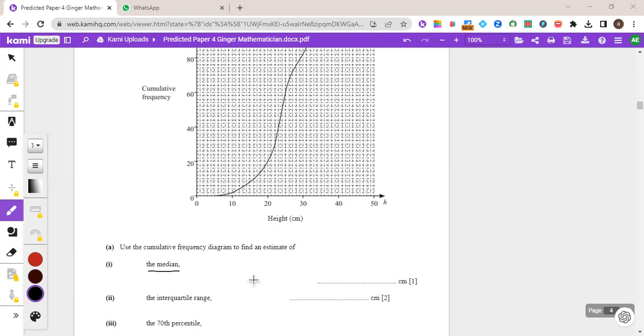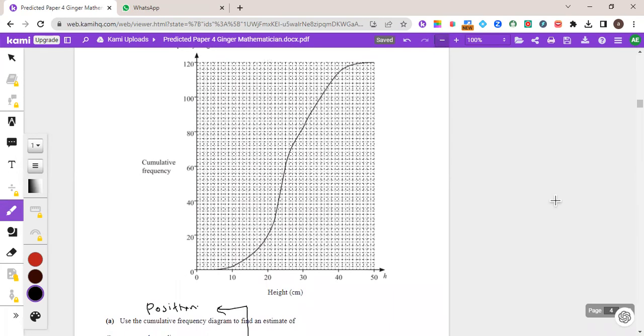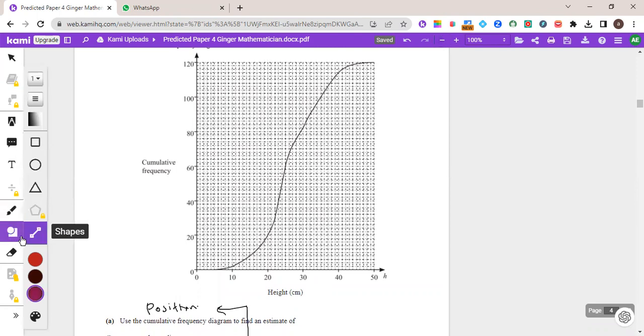Ahmed Wael, how to find the median? We take the total number divided by 2, which equals 60. We find the term at that position. So I will go to 60 and draw a line.